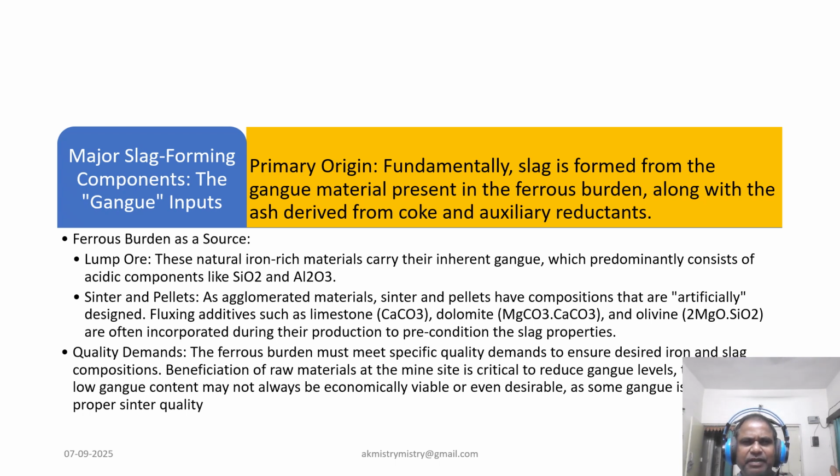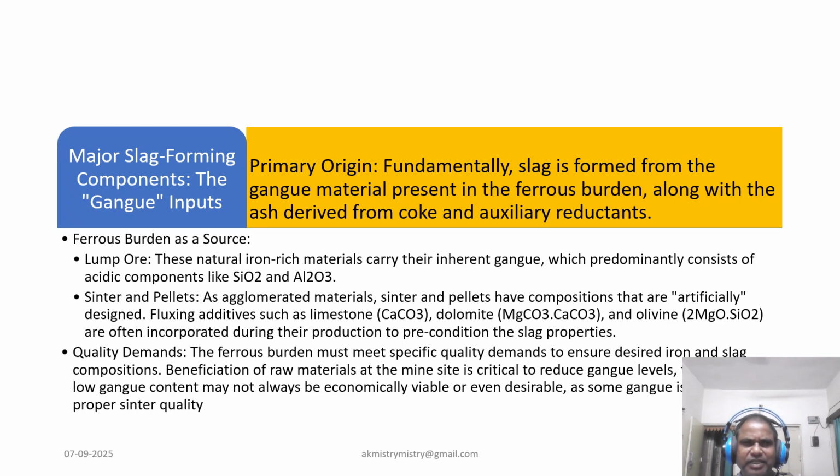So auxiliary reductants also contribute. Pulverized coal injection or PCI is a major source. Coal ash typically contains about 50% silica. The high silica content in injected coal necessitates adjustment, usually a higher primary slag basicity to maintain fluidity.